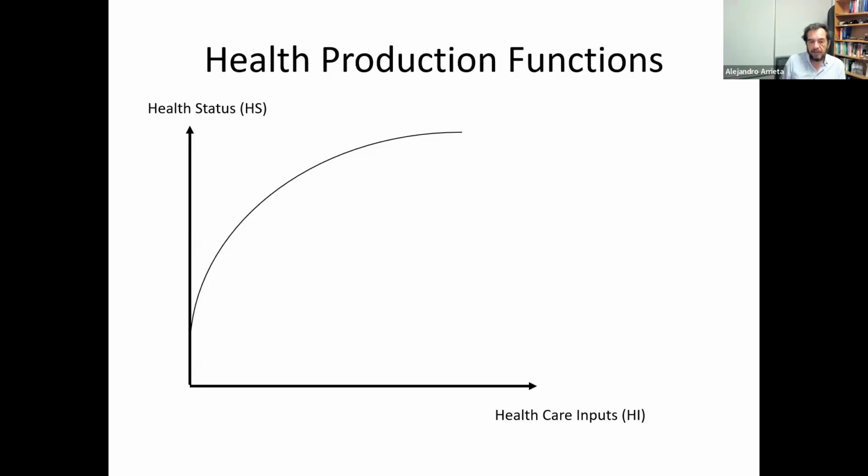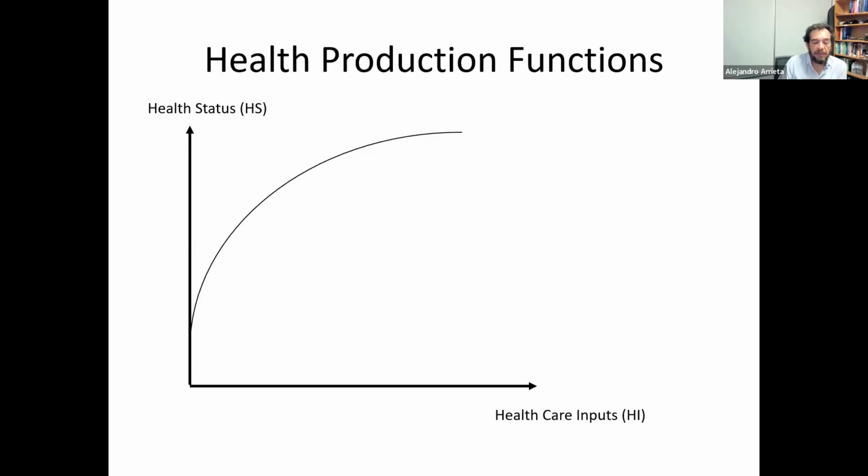And as you can see, the shape of this production function reflects a characteristic that is common in goods, but it's also common in healthcare, and that is decreasing marginal returns. Given a number of inputs, you can produce health.